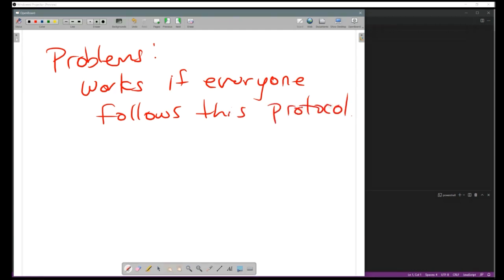If everyone follows this protocol, then this works. But the problem was that there were growing pains. Actually, let's not call it growing pains. Let's call it difficulties with adoption. So, slow adoption.